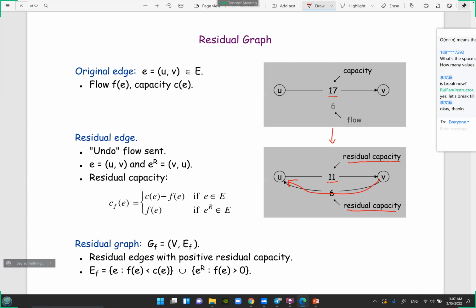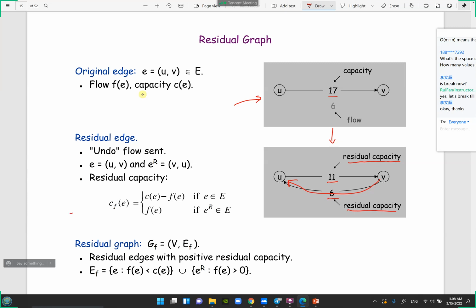So this is how we're going to build the residual graph. We look at our current graph and how much flow we're putting onto each edge, and then we transform each directed edge into two directed edges. For one of them we put the residual capacity, and for the reverse edge we put another residual capacity, which is equal to the current amount of flow.